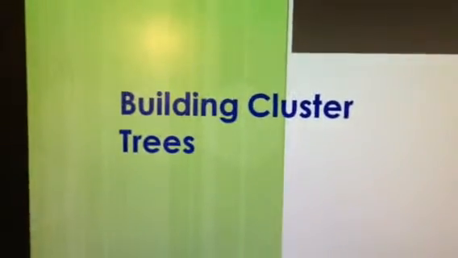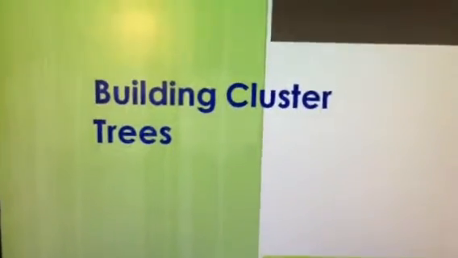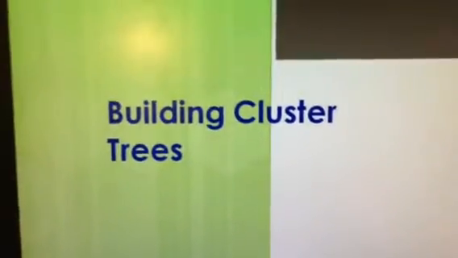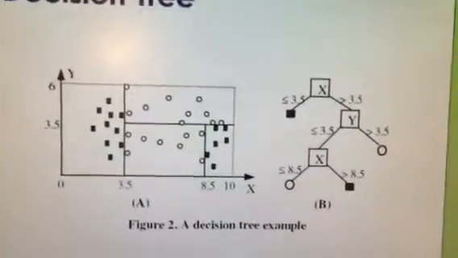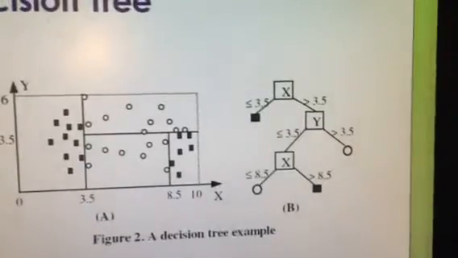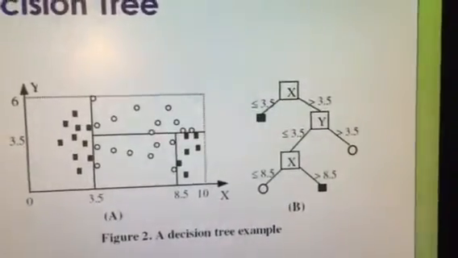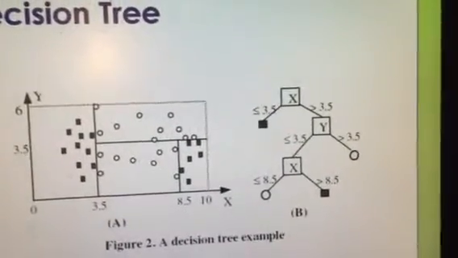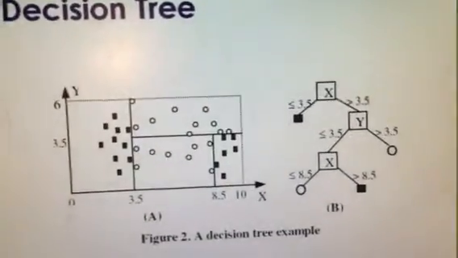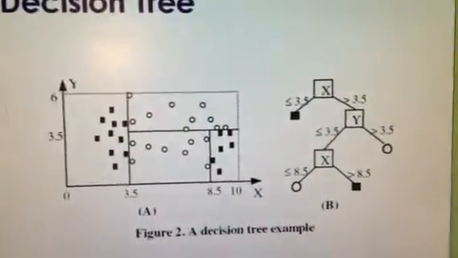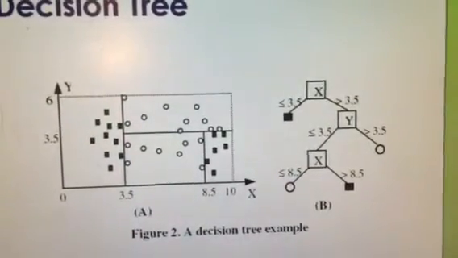Now we want to see how we build a cluster tree. This is the picture of a cluster tree that is being used. We can see the data points, the X and Y axes. See the tree, how it is built.